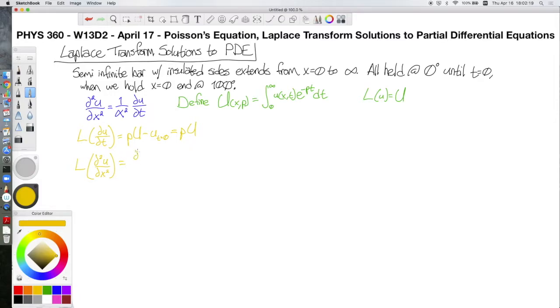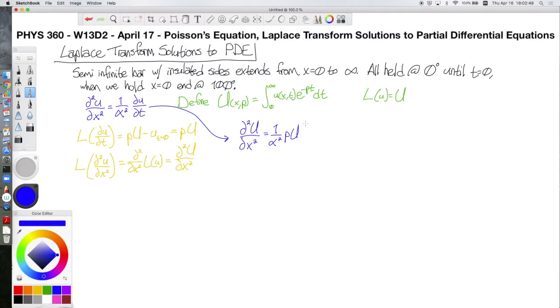So this becomes the double partial derivative with respect to x of the Laplace transform of little u, or the double partial derivative with respect to x of big U. So our original differential equation then becomes the double partial derivative of big U with respect to x equals 1 over alpha squared times p times big U.